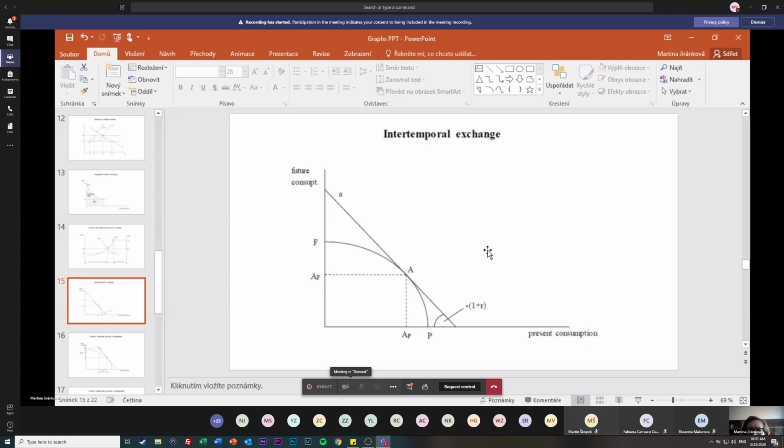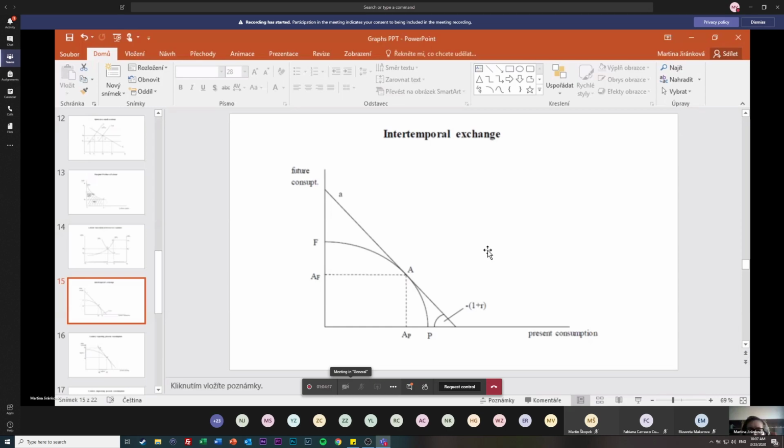If economists explain capital movement, they are talking about this. It's also trade, but it's intertemporal trade, where we can change between present and future consumption.